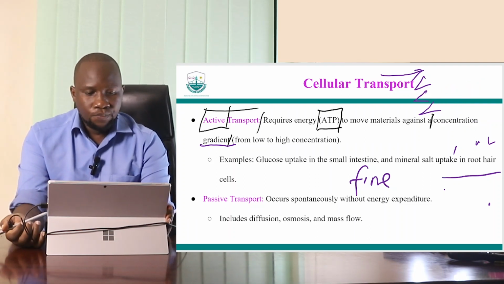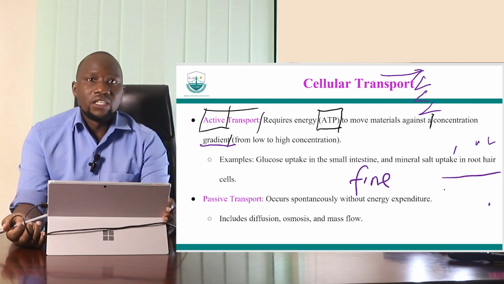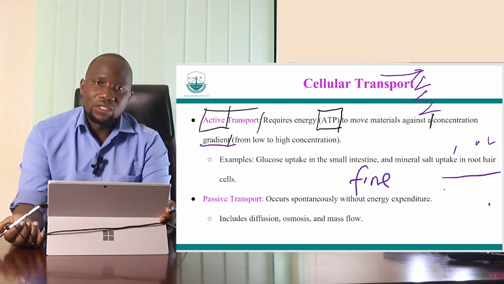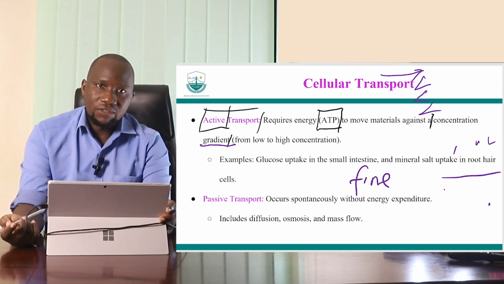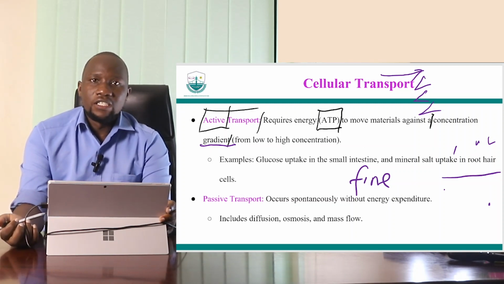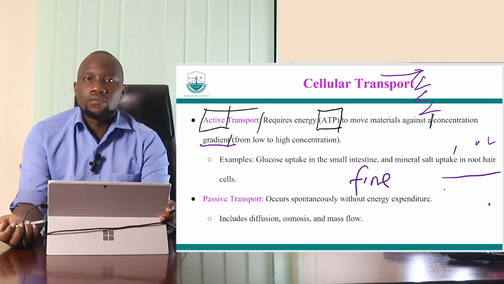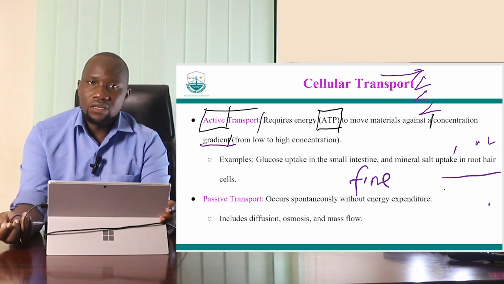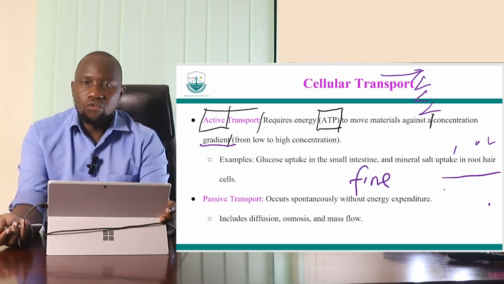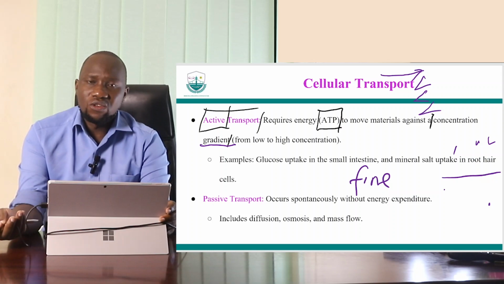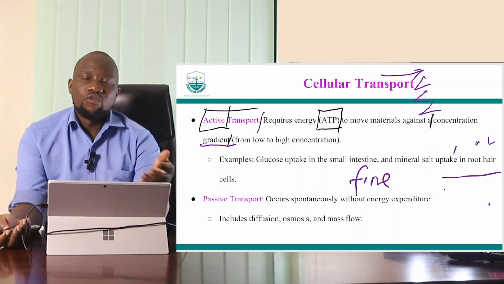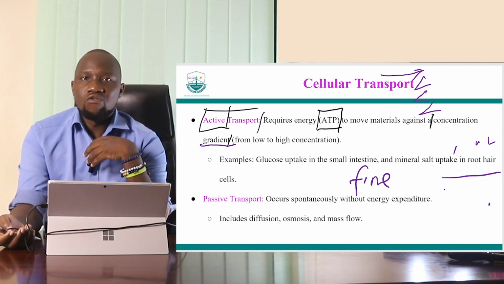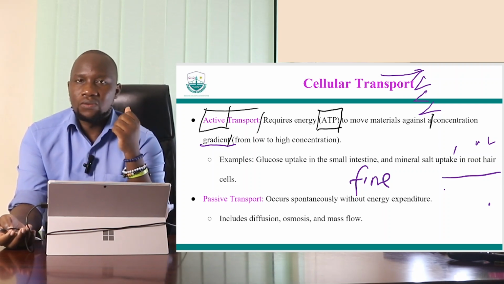Okay, so in this presentation, we have really looked at why transport is very important. We have highlighted the fact that organisms need materials from the environment. This could be oxygen, minerals, or nutrients. They need to be taken in, but when they are taken in, they also have to move to other parts where they have to be used.